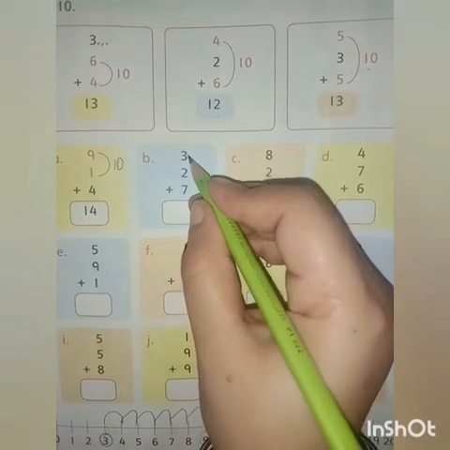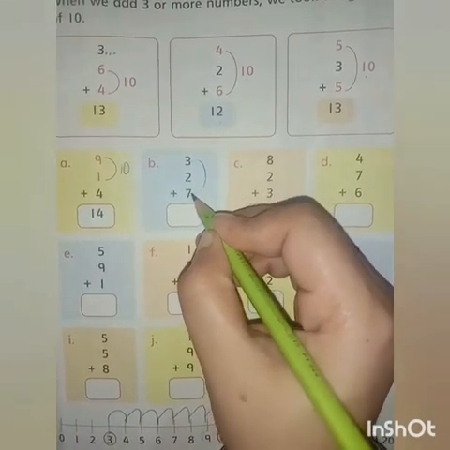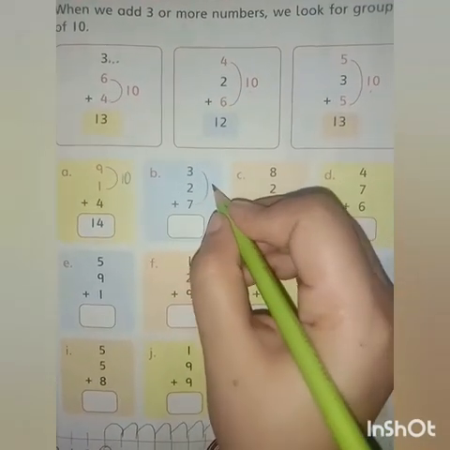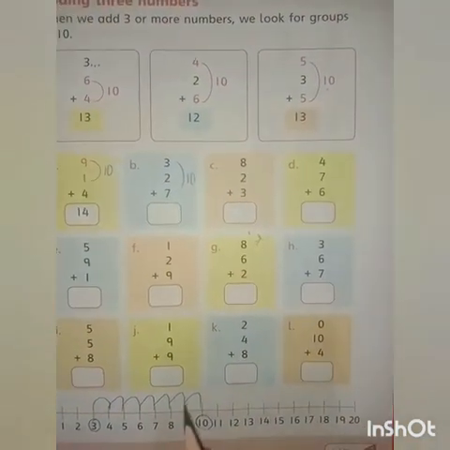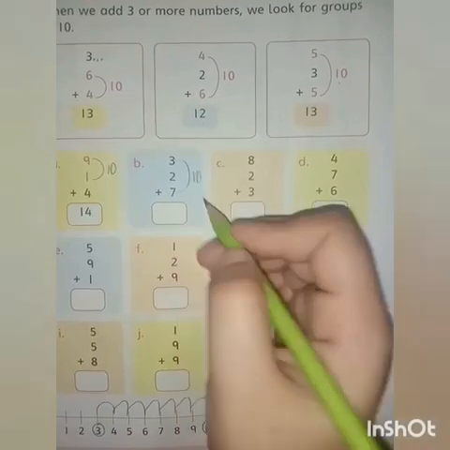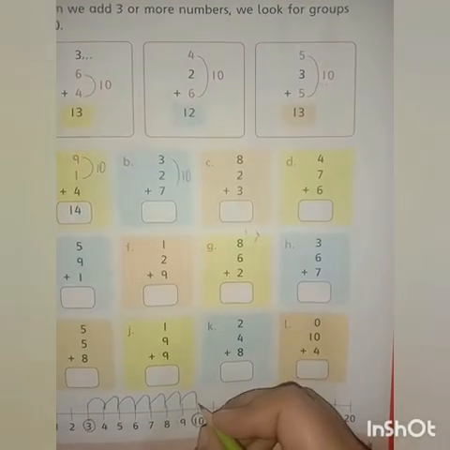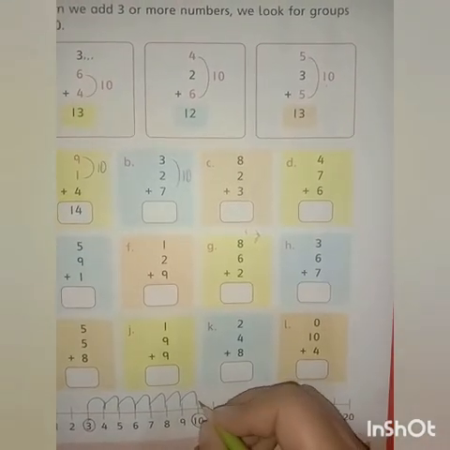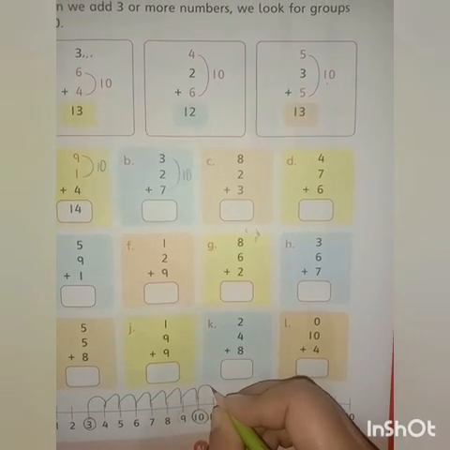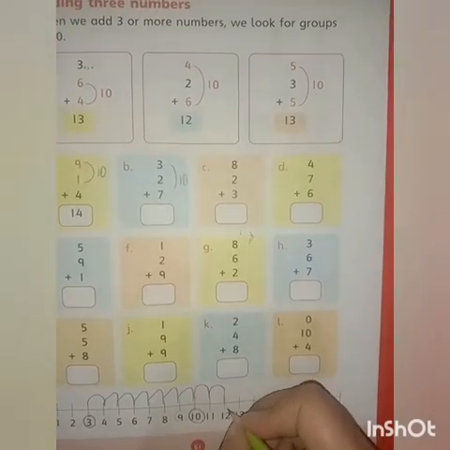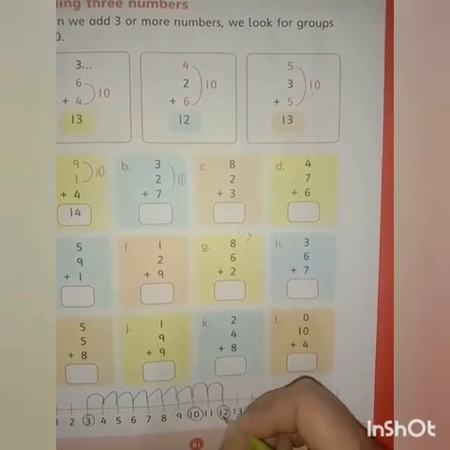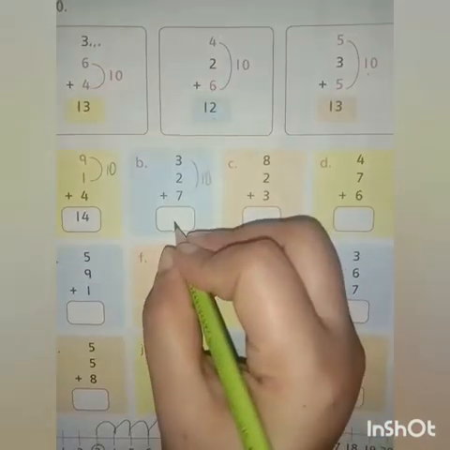Students, our group of 10. Let's write here 10. Now we have to add 2 more to 10. Go and jump over 10, 2 more numbers to the right. 1 and 2. Here we got our answer and the answer is 12. We have to write here 12.